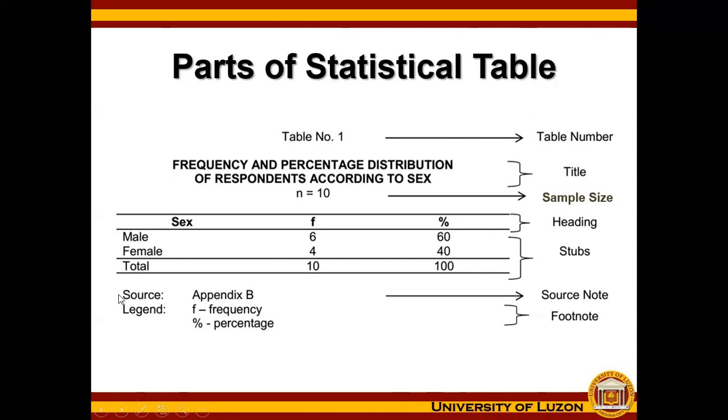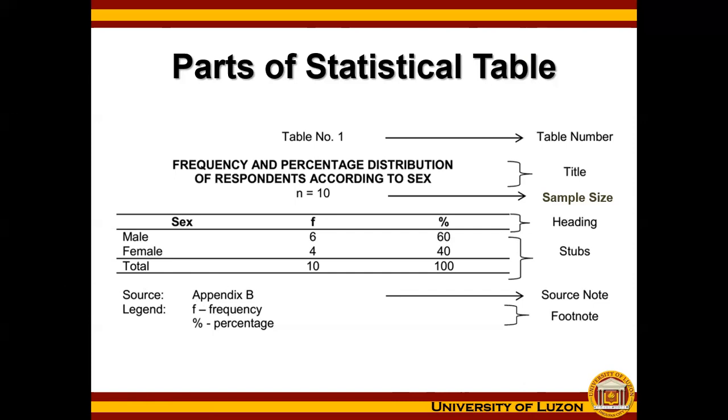And then we have part of the table just below the rows and the columns, the source note and footnote. What is the source note for? The source note is to refer your readers to where you have the numerical data or the numerical facts taken from. And usually it forms part of your appendices.